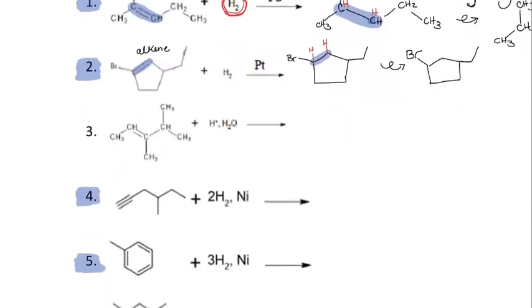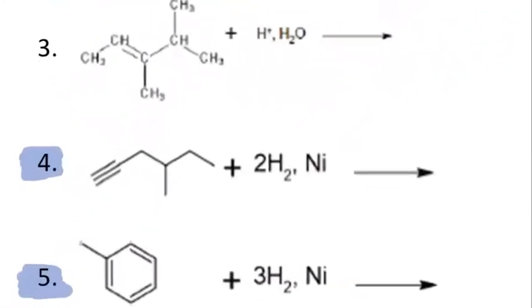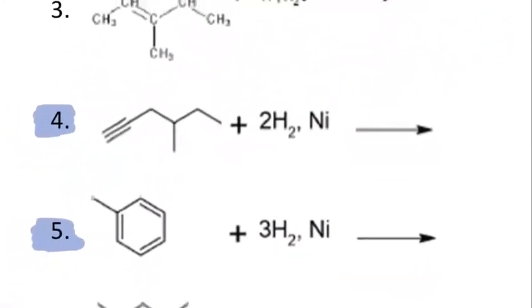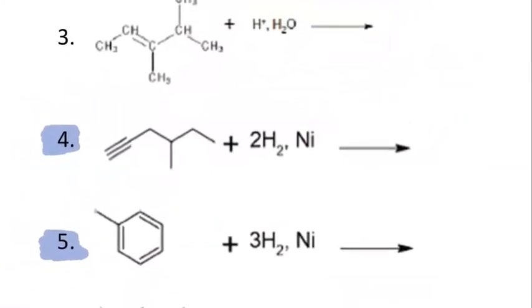Then let's move on to number 4. What is the reactant on number 4? What type of hydrocarbon do we have? Let's put it in the chat. Great, that's an alkyne. Great job, you guys.